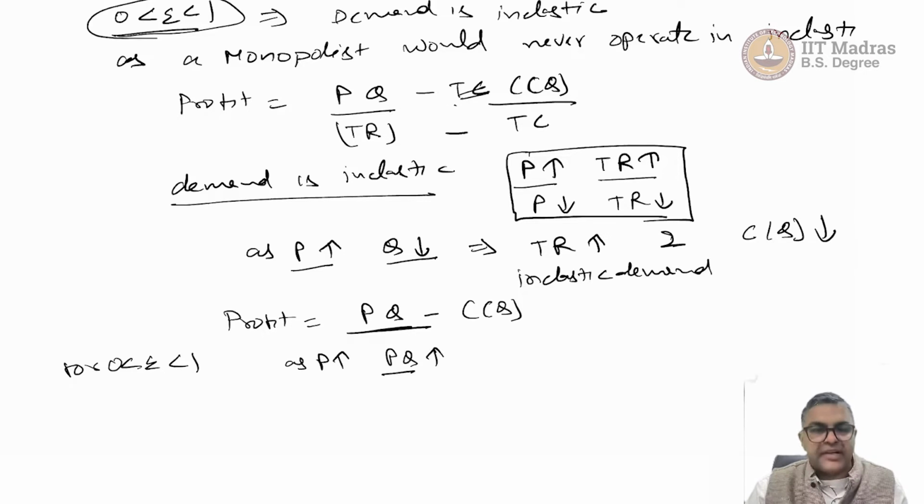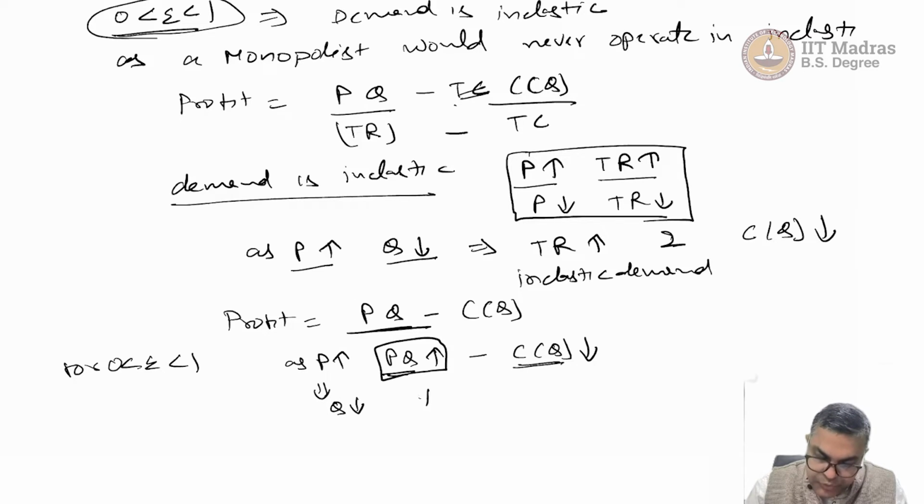It's inelastic, therefore a 1% change in P is not bringing a big enough change in Q, and therefore as P is going up, PQ is going up, and C of Q is coming down. Why? Because as P is going up, it implies Q comes down, and therefore C of Q comes down. So this part is going up and the negative part is coming down. So as a result, profit will go up.